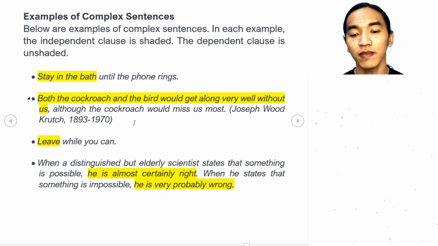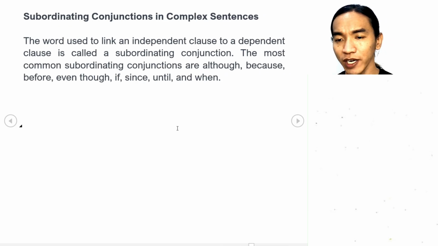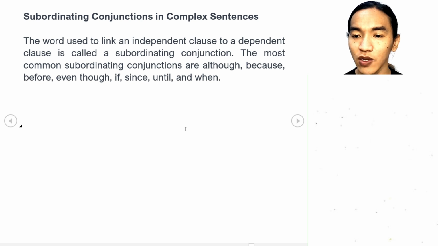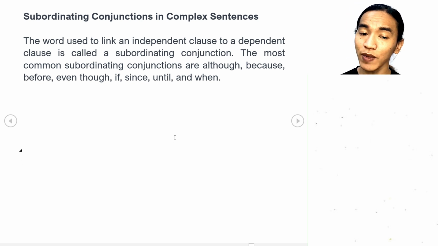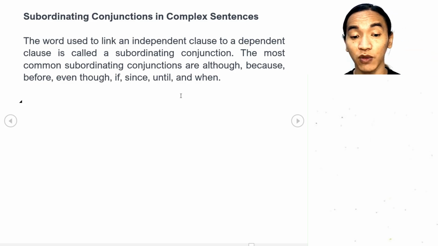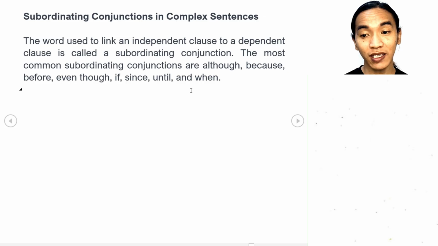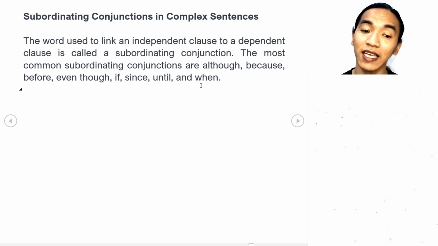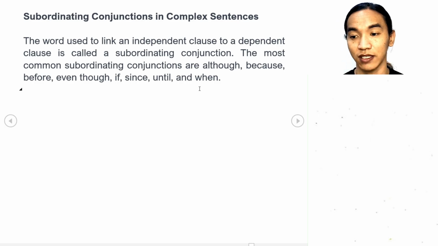All right. Going forward, subordinating conjunctions in complex sentences. The word used to link an independent clause to a dependent clause is what we call a subordinating conjunction. Remember, this is different from a coordinating conjunction, which links two independent clauses. In this case, a subordinating conjunction links an independent clause and a dependent clause.